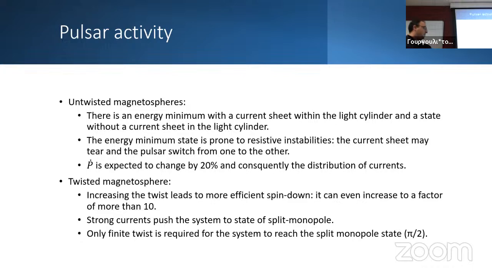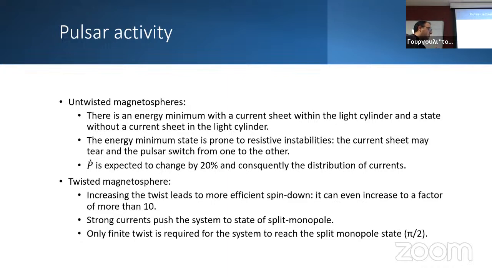Now, in the twisted magnetosphere, we have a free parameter that we put in the game. By increasing the twist, we have more efficient spin down. If you increase it as much as you want, we can get spin down rates higher than a factor of 10, but maybe this will be in transient states.